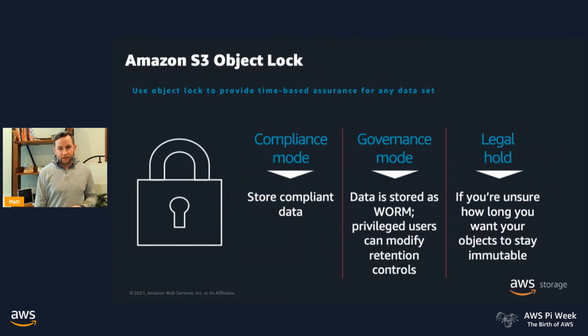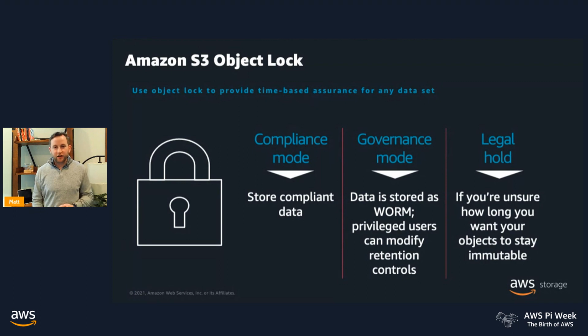Another data protection measure that our customers like to use is S3 Object Lock. S3 Object Lock is a good way to protect critical objects from getting deleted or overwritten. With S3 Object Lock, you can store objects using a write once, read many model, often known as WORM in the industry. WORM helps many of our customers with some of their regulatory requirements.